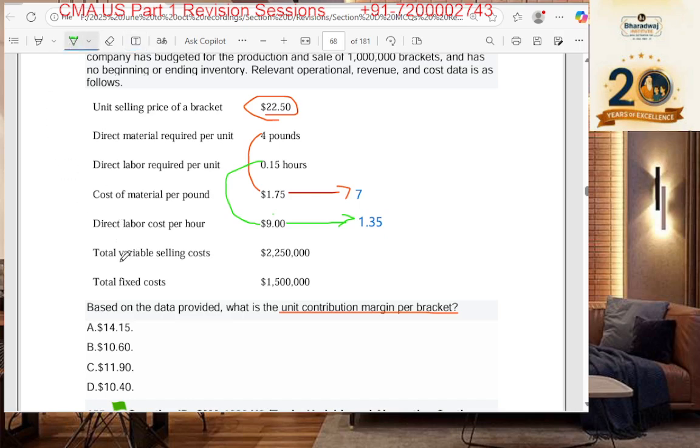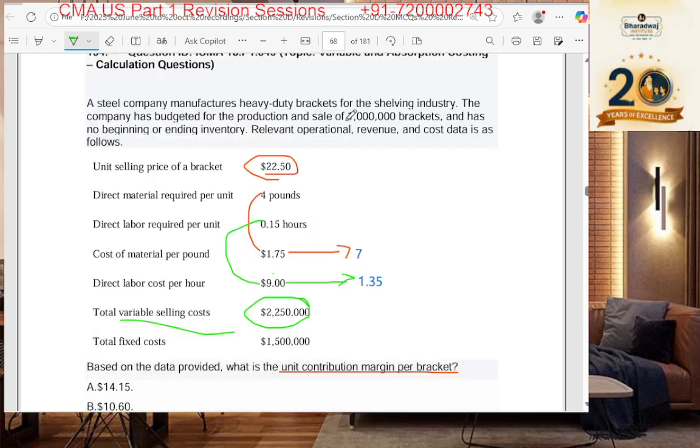There is a variable selling cost given. You have to work out the per unit variable selling cost. This 22.5 lakhs divided by that number of units will give us 2.25.